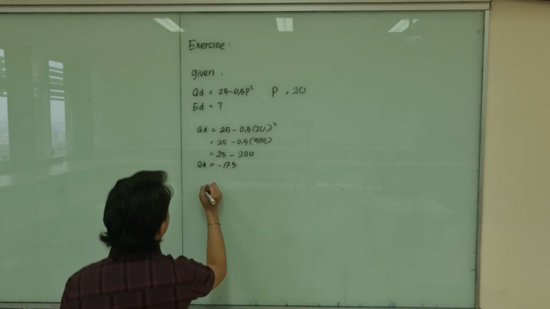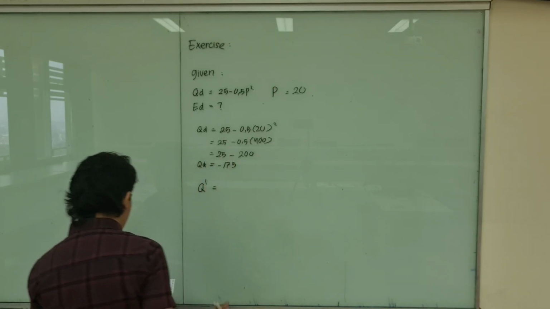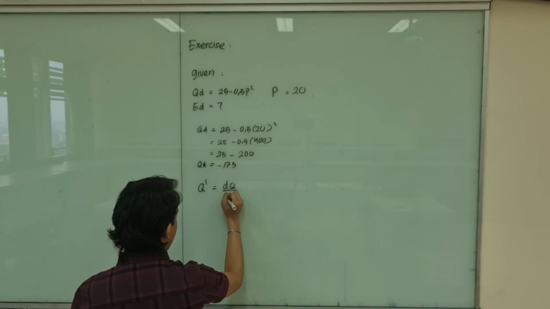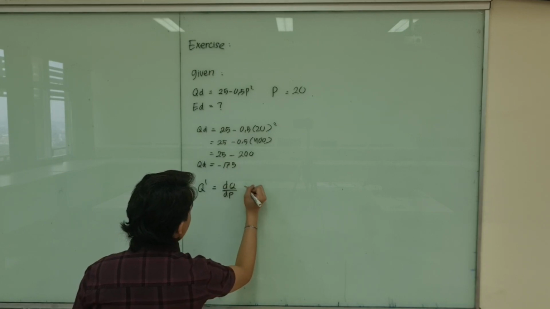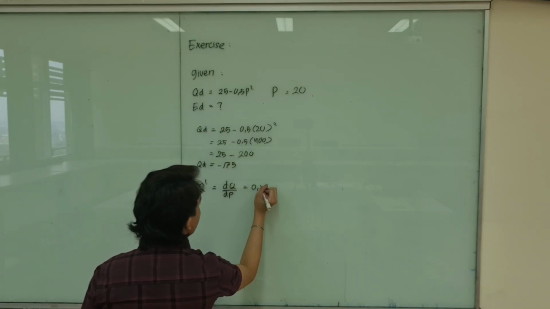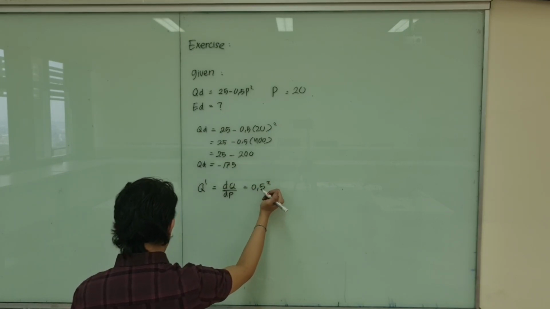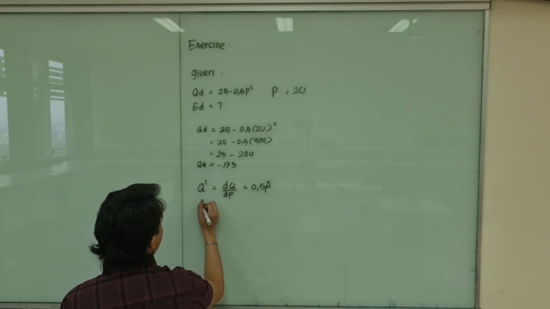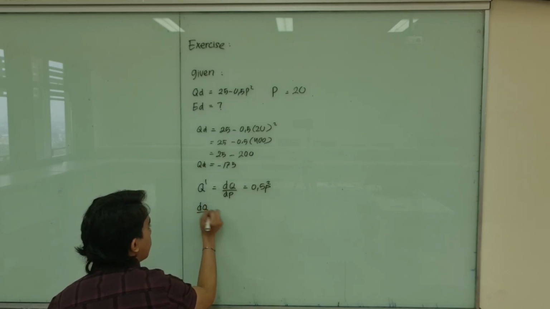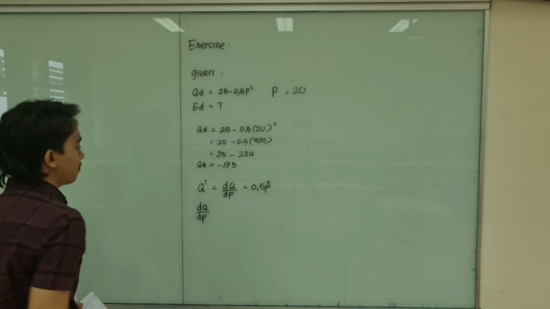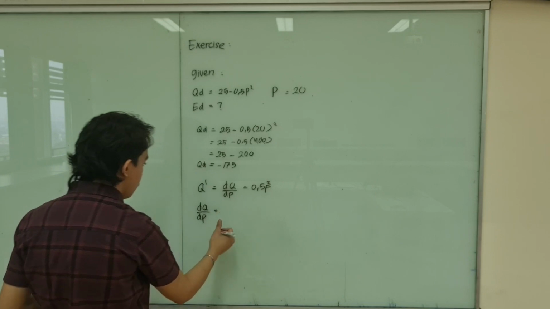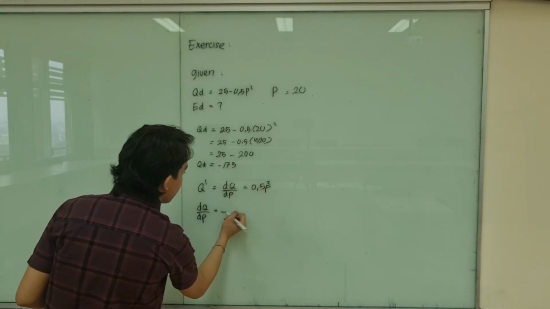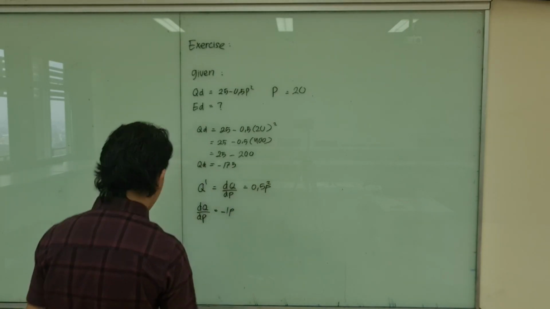Now derive. The derivative of this Q is minus 1P, that is 0.5 times 2 equal to minus 1P.